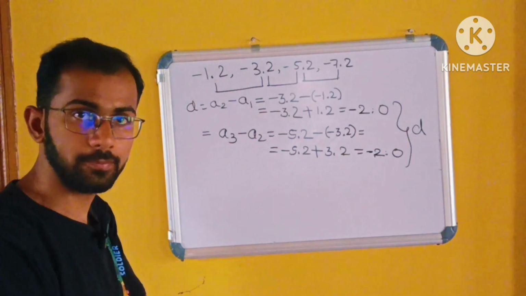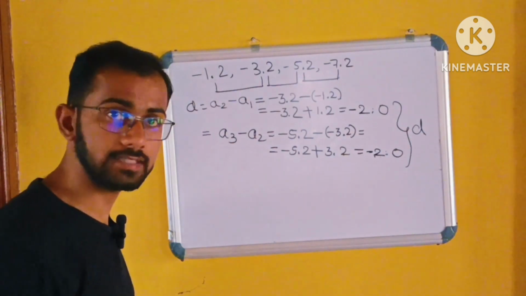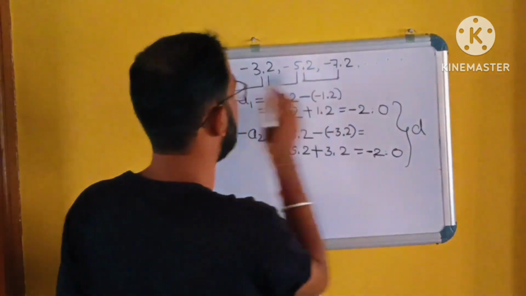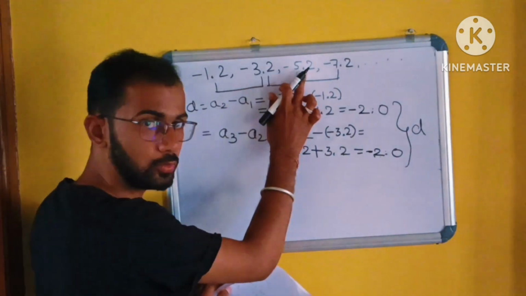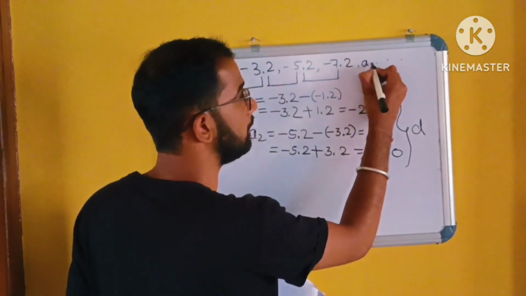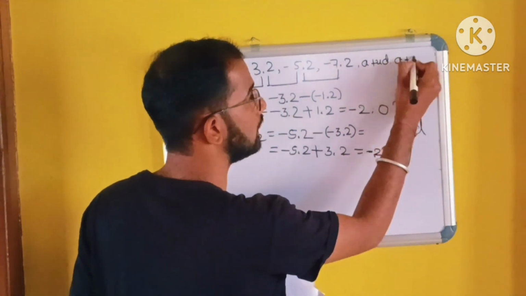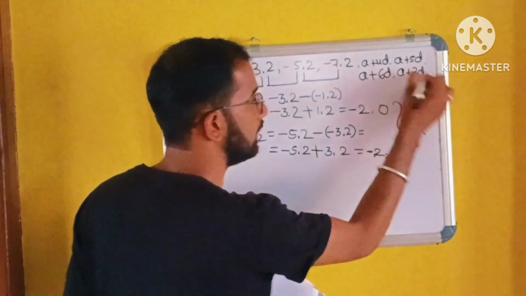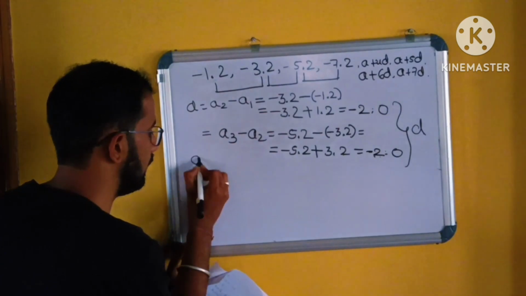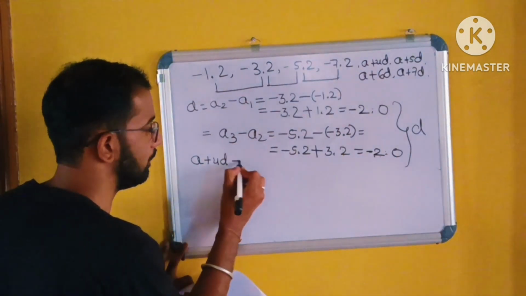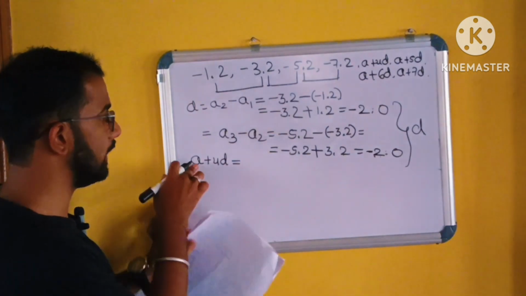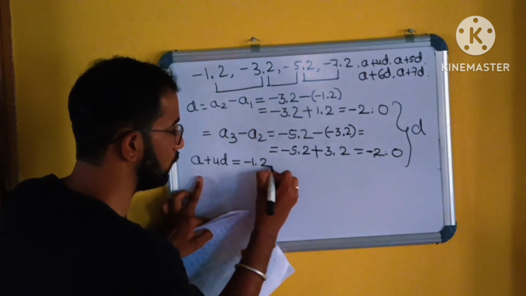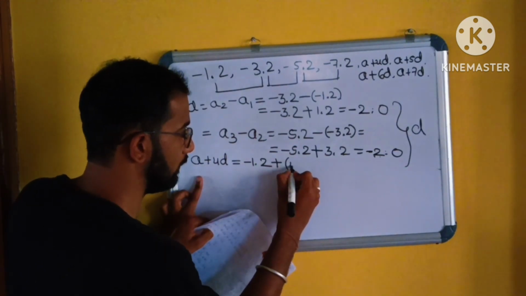So if this is an arithmetic progression, the next task is to find out the next four terms, that is 1, 2, 3, 4: A plus 4D, A plus 5D, A plus 6D, A plus 7D. Let's see. A plus 4D. What is the value of A? A is the first term, that is minus 1.2 plus 4.